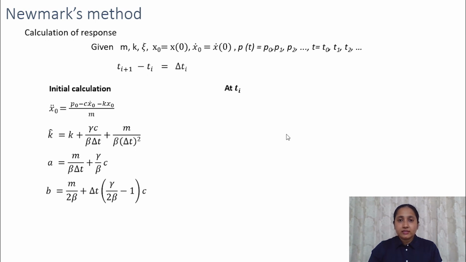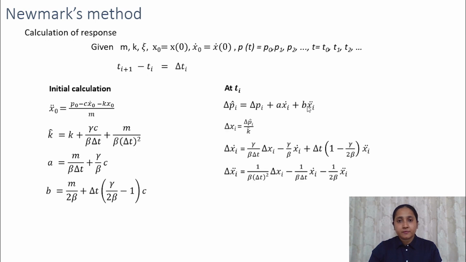Now, at any instant ti, we can calculate the incremental force and the incremental displacement, velocity and acceleration. After calculating these incremental values, we can calculate the values of these quantities at the i plus 1 instant as the sum of the values at the ith instant plus the incremental values.